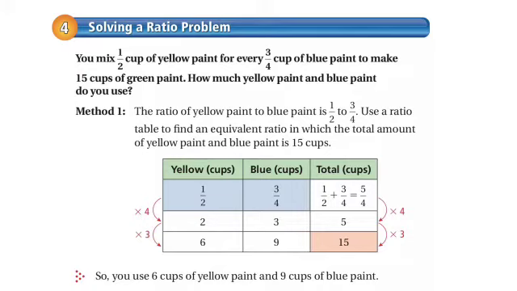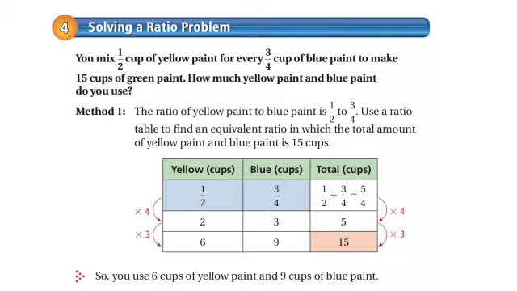But you want 15 cups. So first they multiplied by 4, the denominator, to make it so you put in 2 cups of yellow, 3 cups of blue, and got 5 cups of green. And then going from there to 15 is pretty easy, multiplying everything by 3.